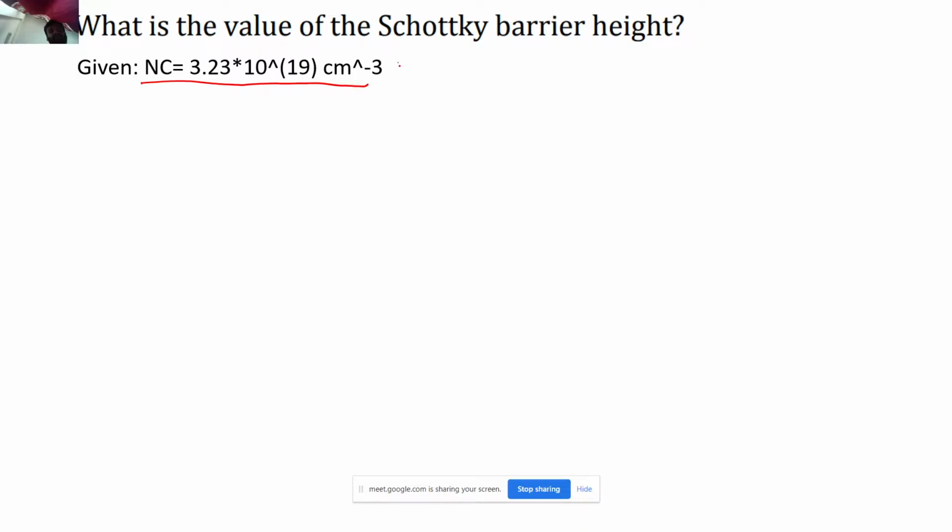Just look at the given information that is present over here. I just need to know two things to calculate the Schottky barrier height, that's it. How can I proceed?